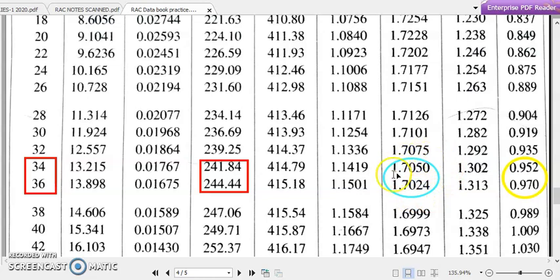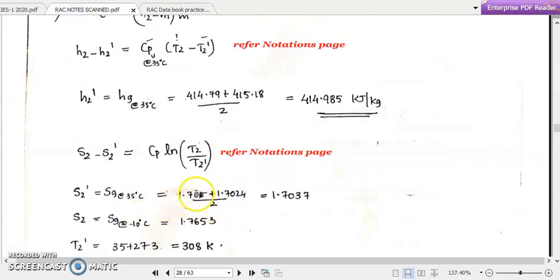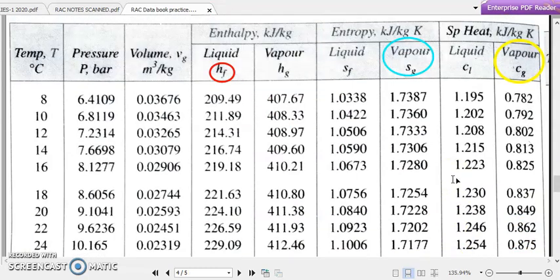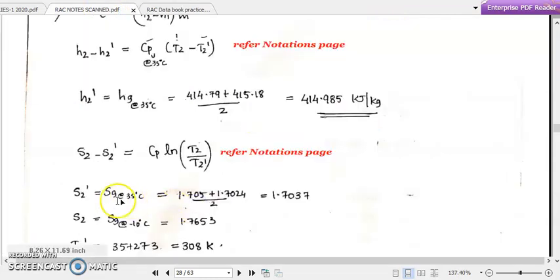It is not directly given for 35 degrees Celsius, so we can interpolate between these two values, and the interpolated value given here is 1.7037. We also need to consider the unit: it will be in kilojoules per kilogram Kelvin. So we have now stopped at s2 dash, and let us continue later.